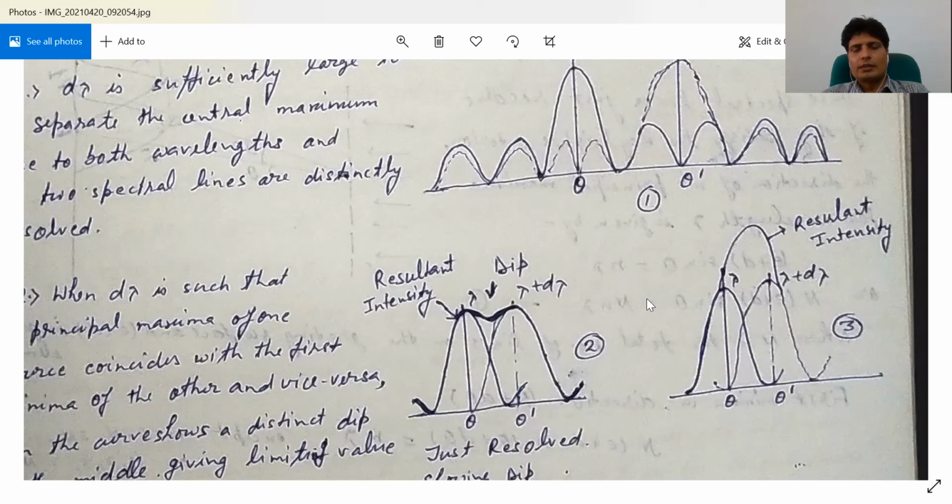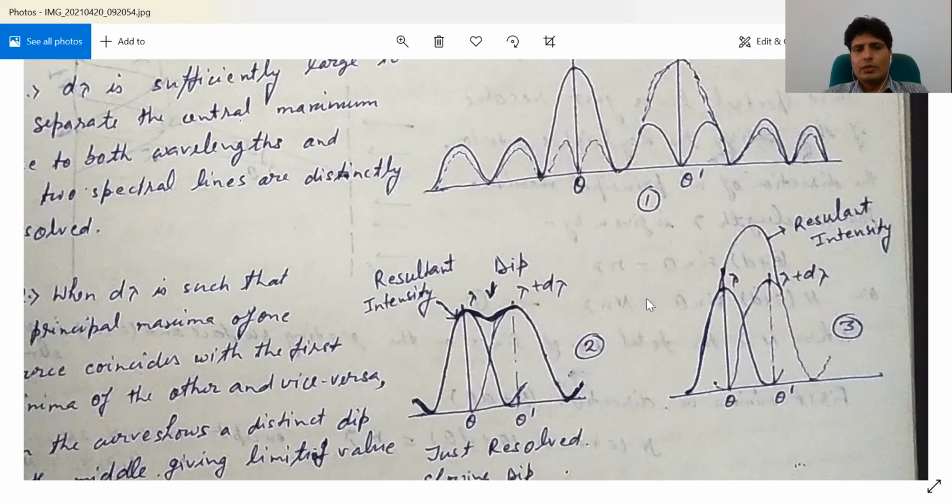Since we know that I is equal to I max times (sin x / x) squared, at the dip the value will be I max (sin(pi/2) / (pi/2)) squared, or simply 4 upon pi square I max.